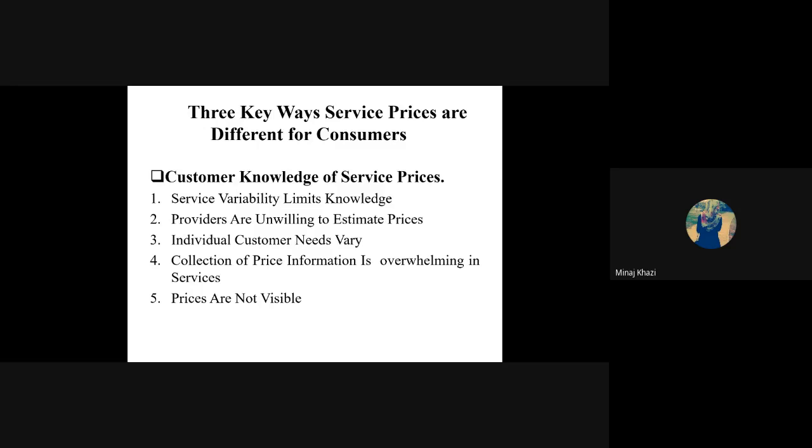So first one, service variability limits knowledge. What do you mean by this? Service variability in the sense there are different kinds of services. For example, insurance. What kind of insurance you want to take, first you should know. When you contact a service providing company or an agent, he'll tell you, okay, you need this. But there are a lot of different kinds of insurances available.